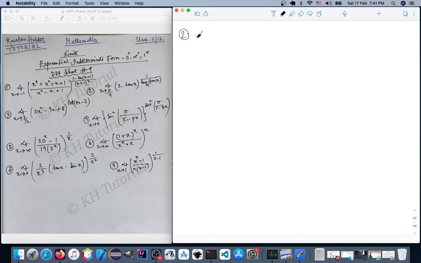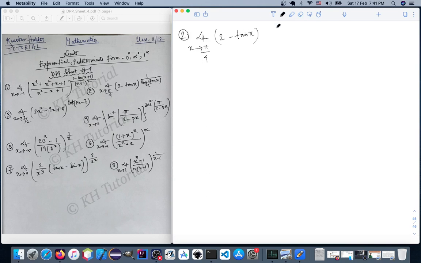It says limit x tends to pi by 4 of (2 minus tan x) to the power 1 by log e tan x. Let's check the indeterminate form. Here f(x) is 2 minus tan x and g(x) is 1 by log e tan x.